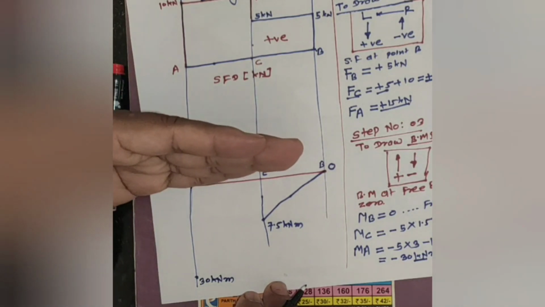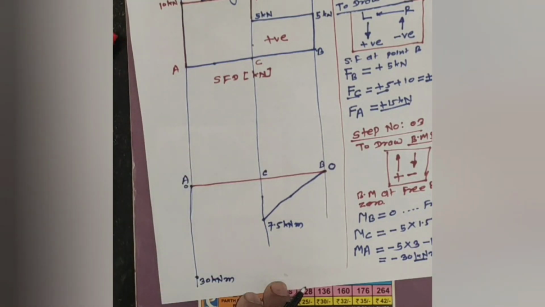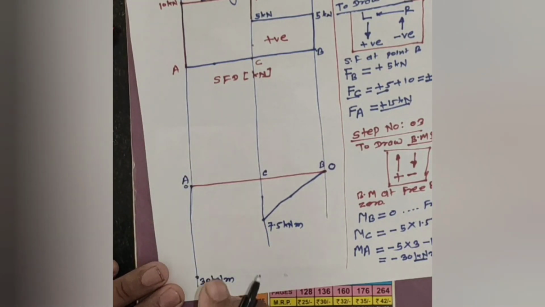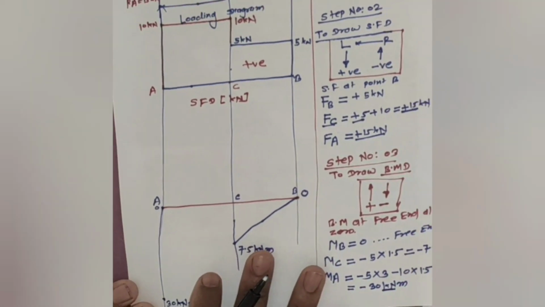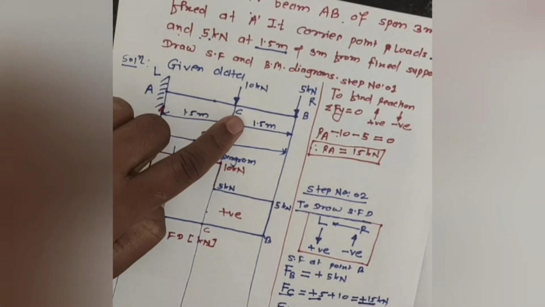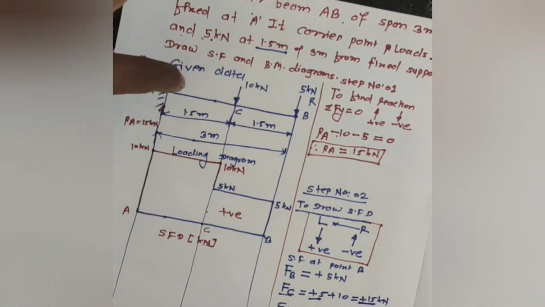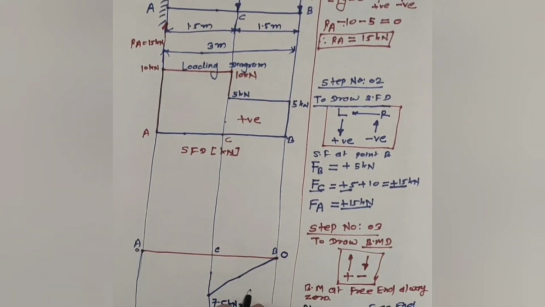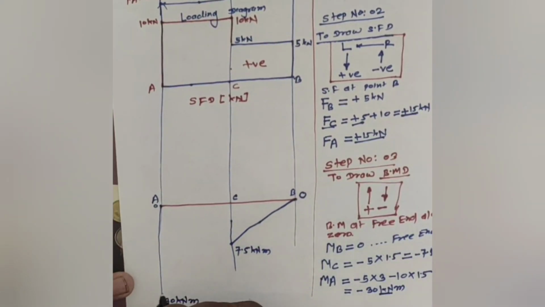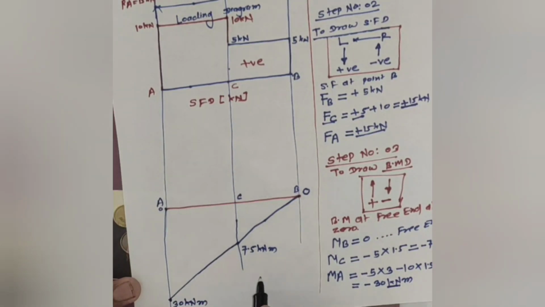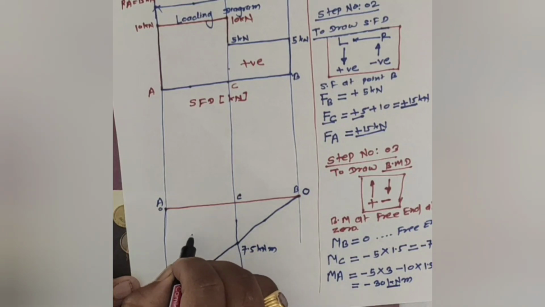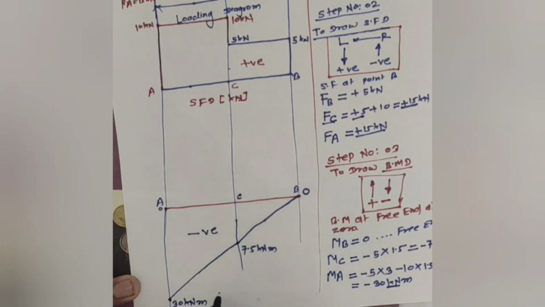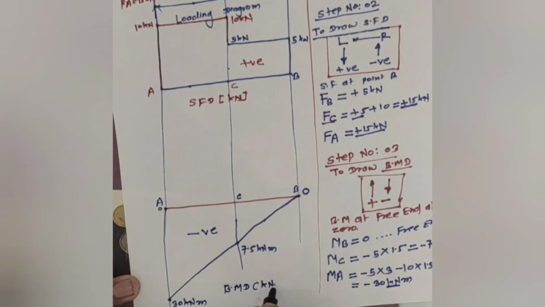Because below the baseline itself indicates negative, and in between A and C there is no load, so you have to draw an inclined straight line. And this is your complete negative bending moment diagram in kilonewton meter.